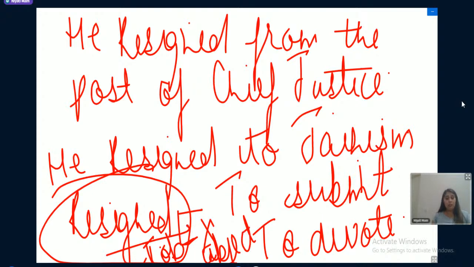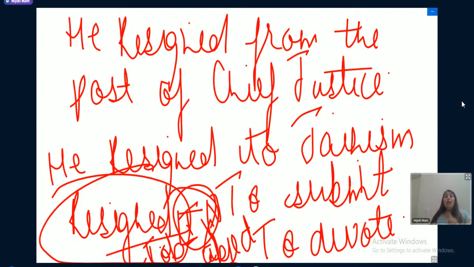That means resign does not work as a transitive verb. When resign means to stop working or to give resignation from your job, it does not behave as a transitive verb, and because of that it does not require an object exactly after it.